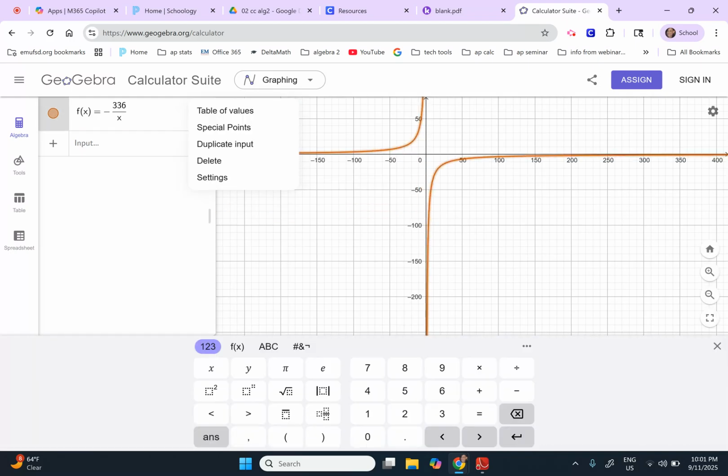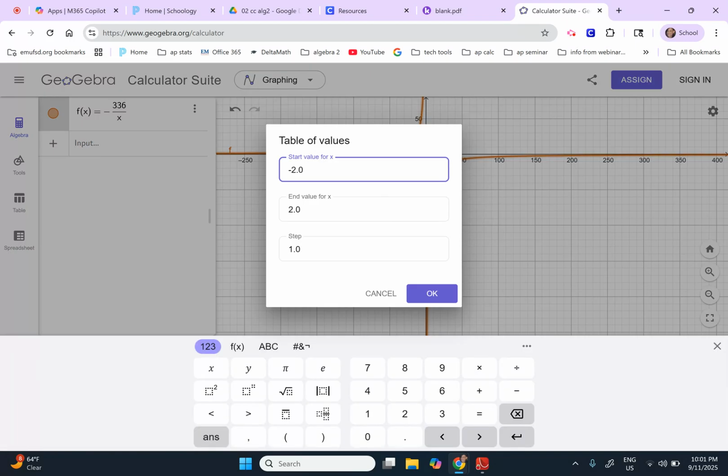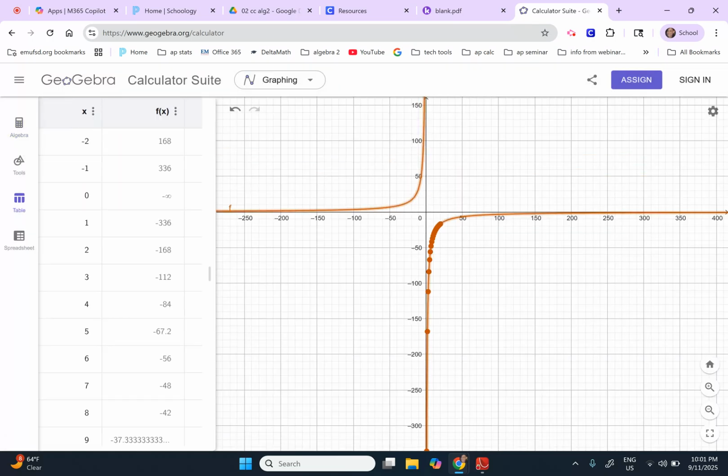And now we want to look at the table of values. And I'm going to go -2 to 20. And I have a listing of all the factors. Now remember, I want my sum to be 5, so the numbers have to be close together and the signs are different.